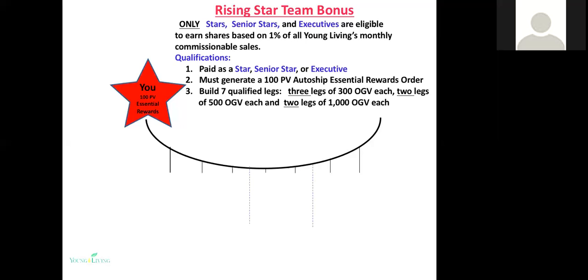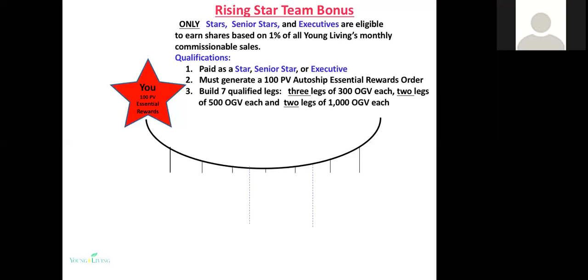So as part of this, the star, senior star, or executives are the only ones who can qualify to be paid the bonus as they structure. And this bonus does have a limit of 24 months of payout based on the first month that a member might earn the bonus.